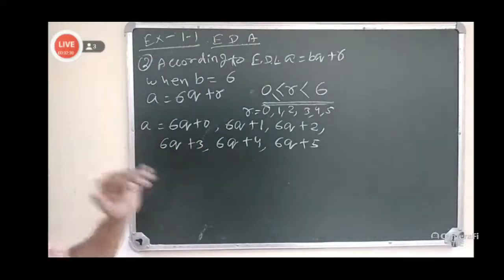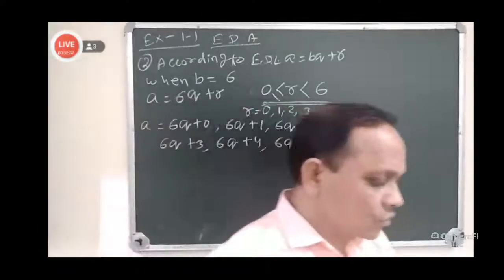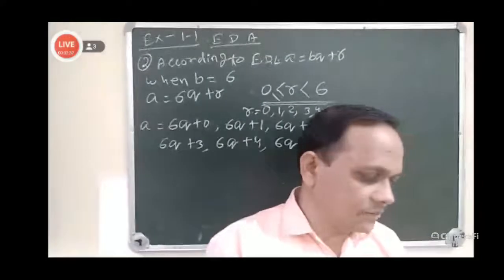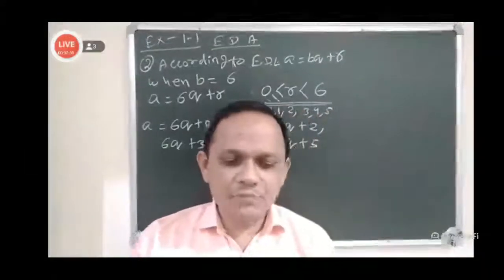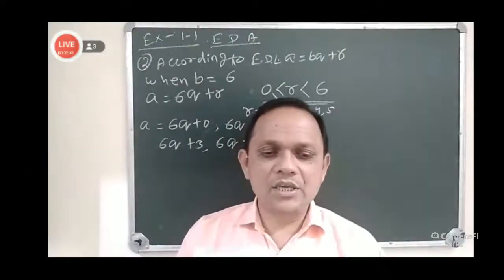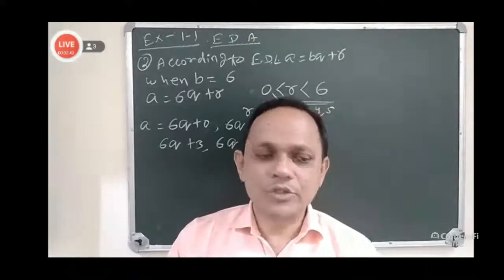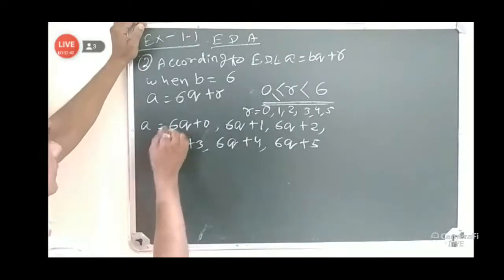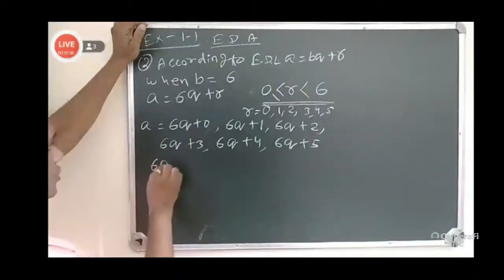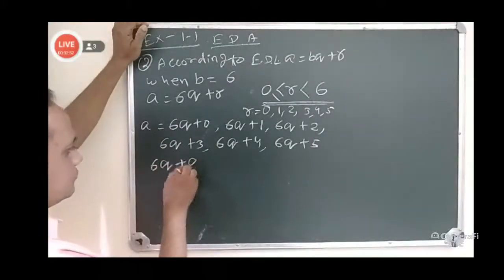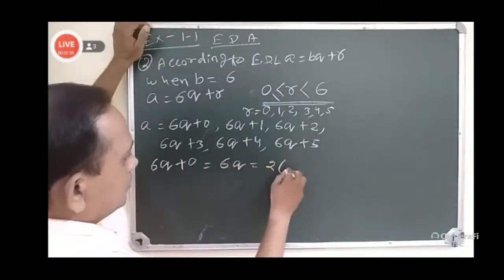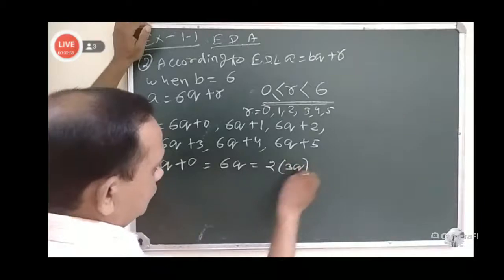So what is the question? Any positive odd integer is of the form... Suppose 6Q plus 0, this equals 6Q, which equals 2 into 3Q.